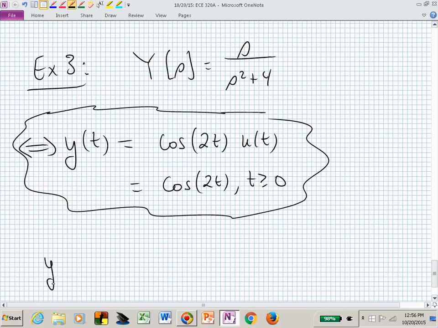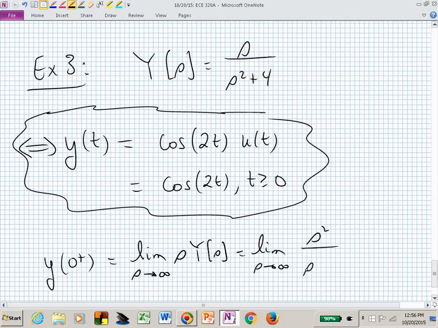This is why we do the initial value theorem. This is now the limit as s goes to infinity of s Y of s, and that's equal to 1.